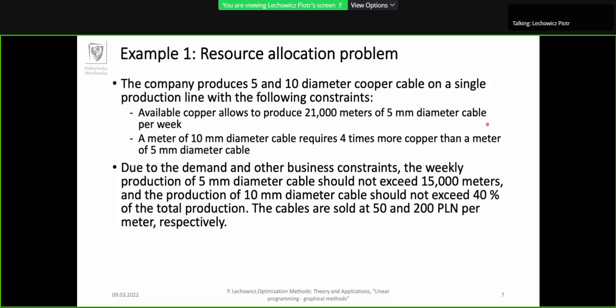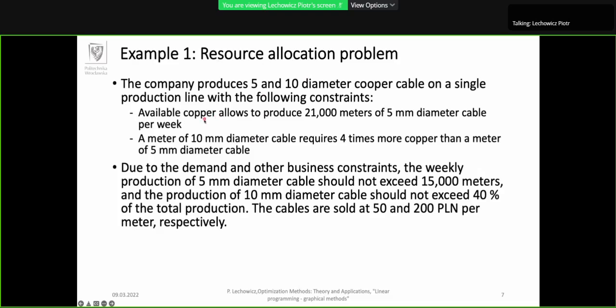And to give you an example regarding the linear problem, let's consider a resource allocation problem. So we have a company which produces two types of copper cable. One has a diameter of 5 millimeters, and the second has a diameter of 10 millimeters. These copper cables are produced on a single production line, so we have to choose which one we are producing with the following constraints.